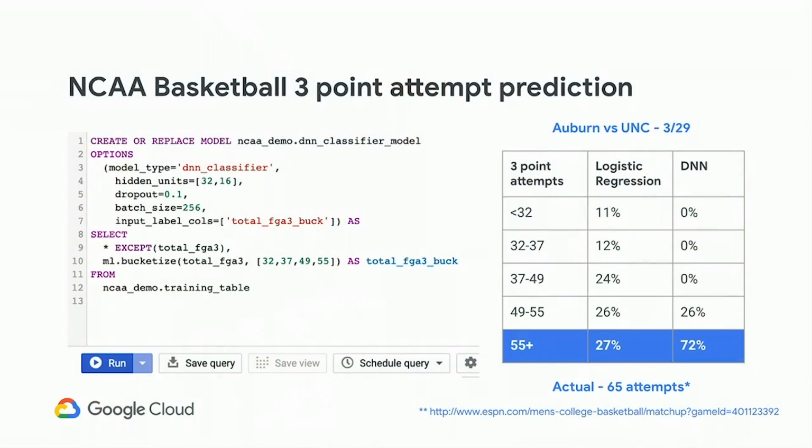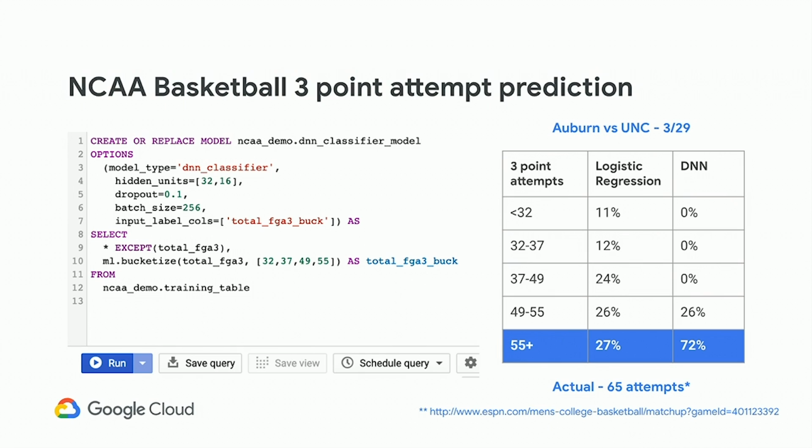To give you an example of how this could work, if you know about the NCAA competition, it just finished on Monday. Google is a partner with them. So we were doing a prediction on the number of three-point attempts in these games. We trained a global model. We trained a logistic regression model using BigQuery ML and a DNN classifier.